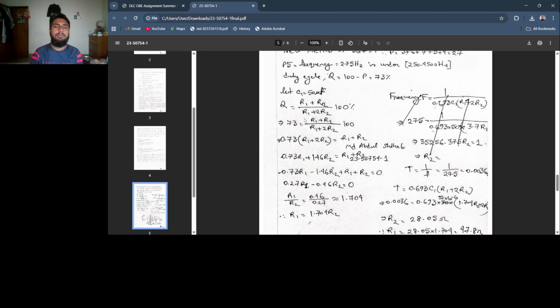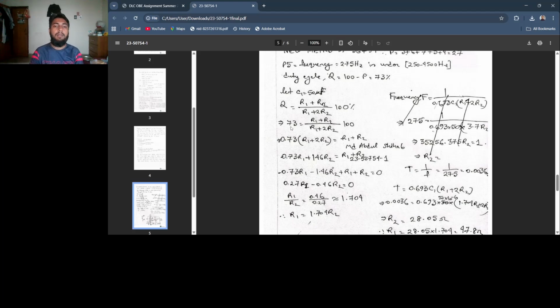So I use the duty cycle equation. This is my duty cycle rule: R1 plus R2 divided by R1 plus 2R2, into 100%. And I find from my given equation in my question, I find a 73 duty cycle.